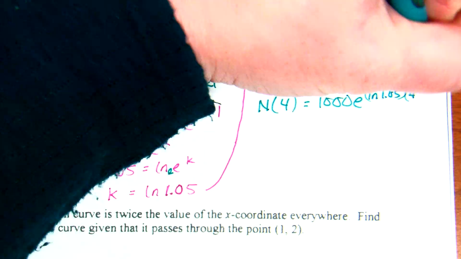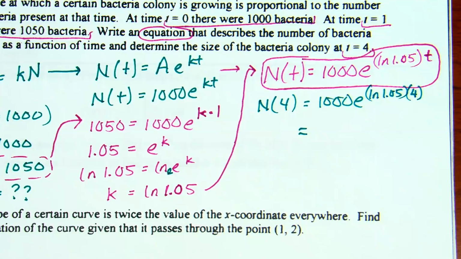Calculator problem? Did you do it? This is some easy mental math, isn't it? Oh yeah, e to the natural log of 1.05. It's at least like 1, maybe. I don't know.